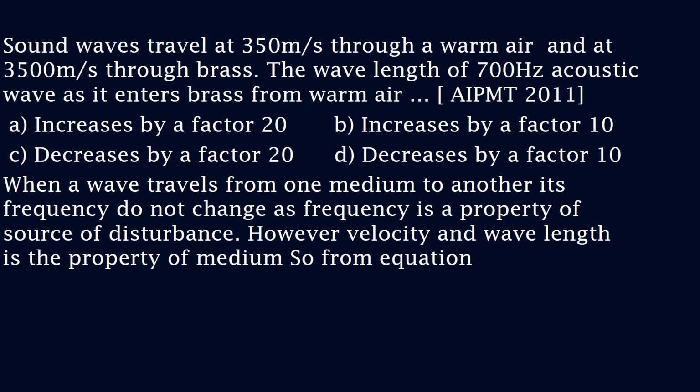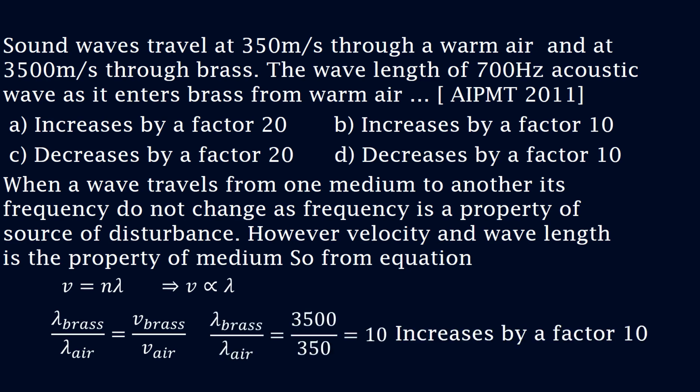Velocity v is given as v is equal to n into lambda. N is the frequency, which is the property of the source of disturbance, and it remains the same in air as well as in brass. Therefore, lambda is directly proportional to the velocity. By taking the ratio of lambda in brass divided by lambda in air, we get velocity in brass divided by velocity in air.